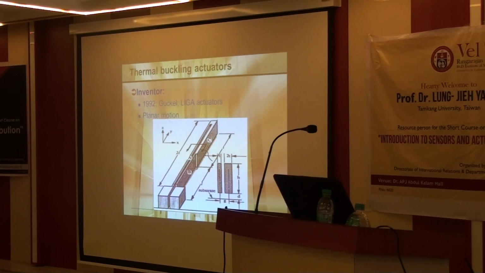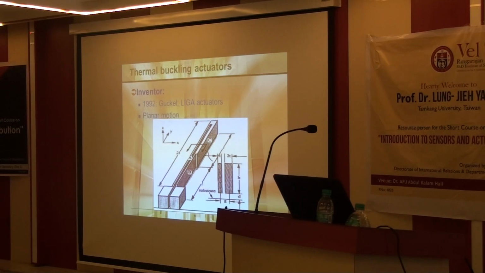Okay, the technology they use is LIGA. LIGA is a way for you to make a map of high aspect ratio microstructure. High aspect ratio. The reason you want to do the high aspect ratio is try to let the beam standing above the substrate.